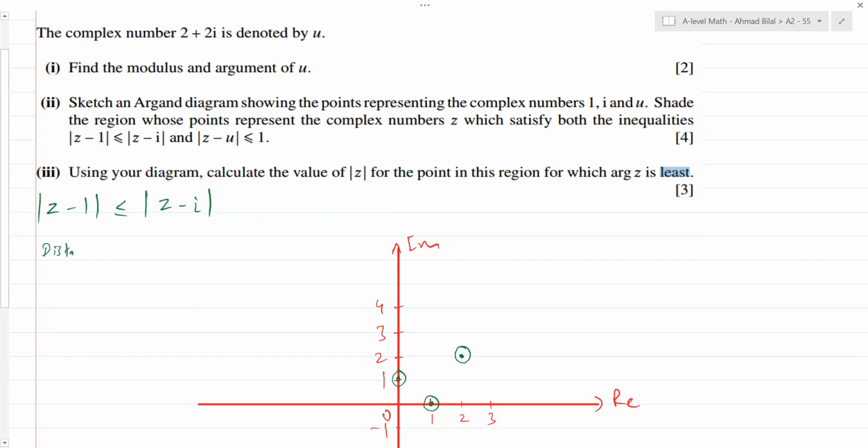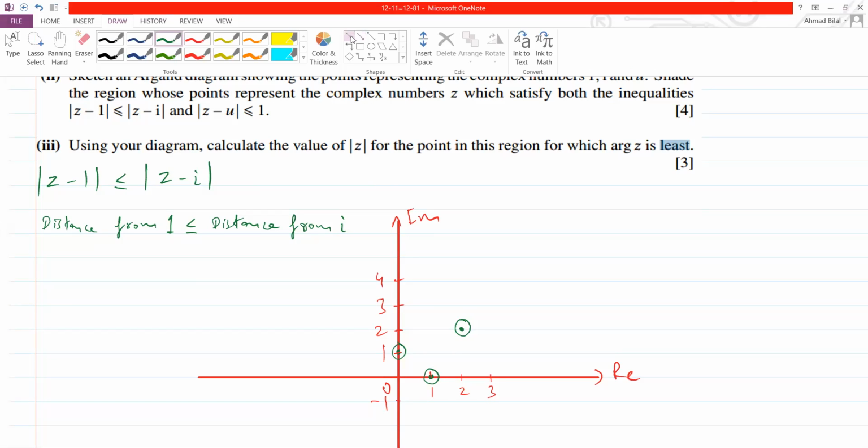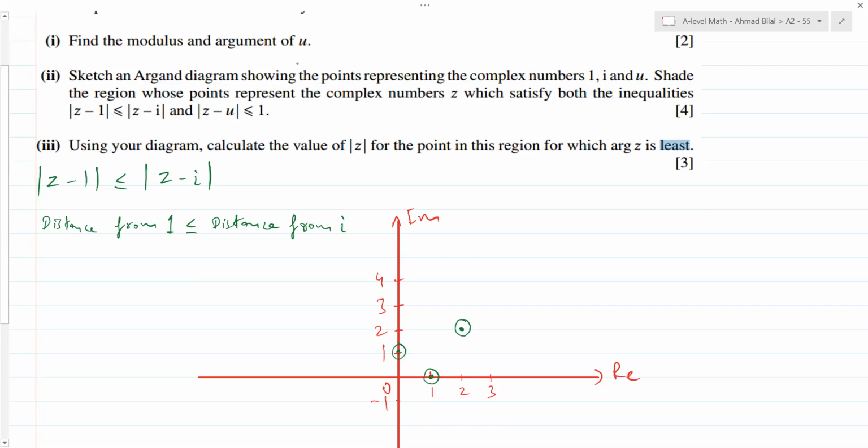Distance of z from 1 is less than or equal to distance of z from iota. So we're talking about two different points from which distance is being considered. What kind of locus is that going to be? Perpendicular bisector. So we draw a perpendicular bisector here. That may look something like this.